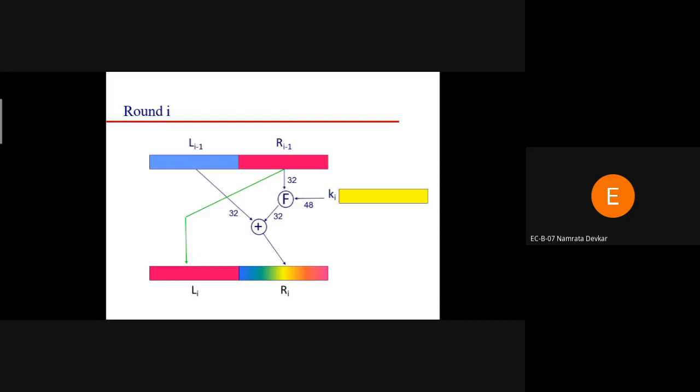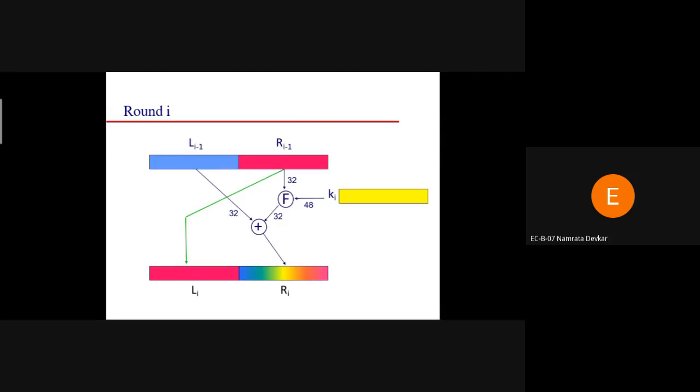So this is the basic structure of the first round. By using this process, we can encrypt our plain text in step one, or in round one. Understood the basic procedure for round one?